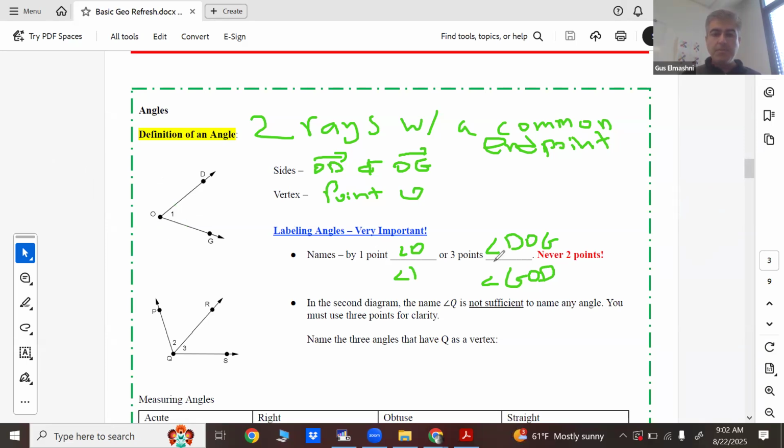Oh, I see. No, we still do this in general. Maybe you could say right angle DOG. I think sometimes we just say it's a right angle straight up. I don't think we necessarily do that. But the symbol, of course, you want to recognize.